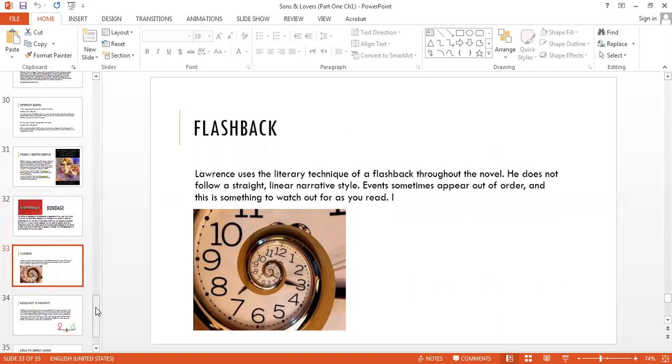Flashback. Here, Lawrence uses this literary technique throughout the novel. He does not follow a straight linear narrative; sometimes events appear out of order, and we need to watch out for that as we read. Here, for example, we have two flashbacks. First of all, she wanted to tell us about her husband.